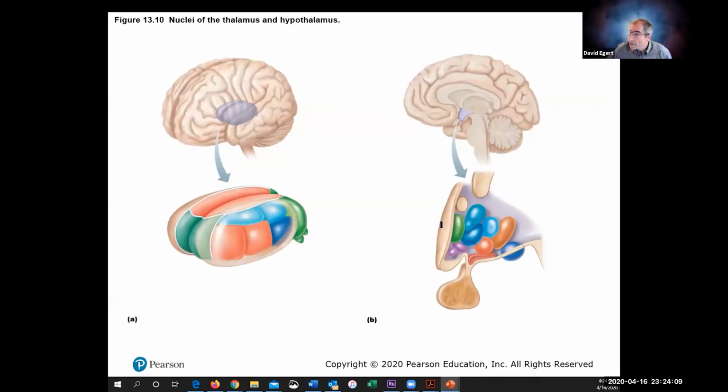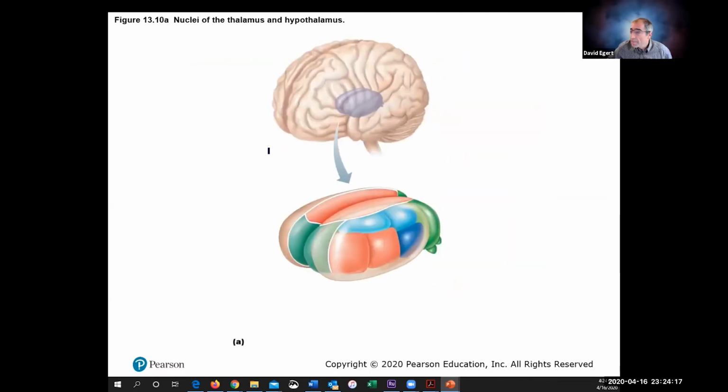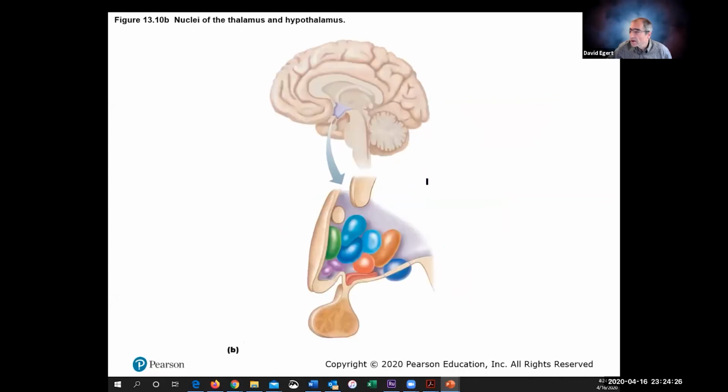Here we have probably the thalamus. Yeah, and right in between the two thalami is where you'd find the third ventricle. Hypothalamus. From this picture, you can see the hypothalamus has lots going on.